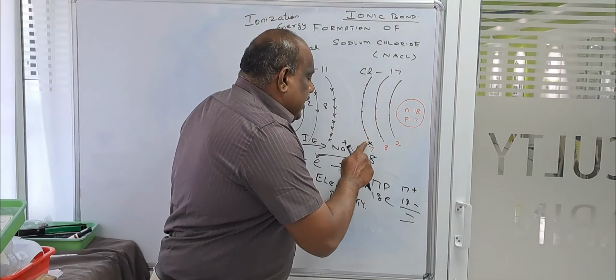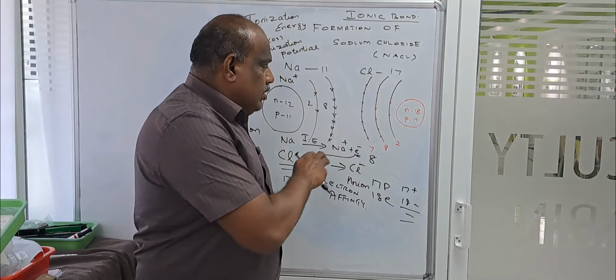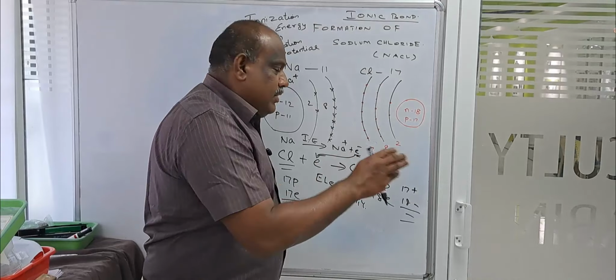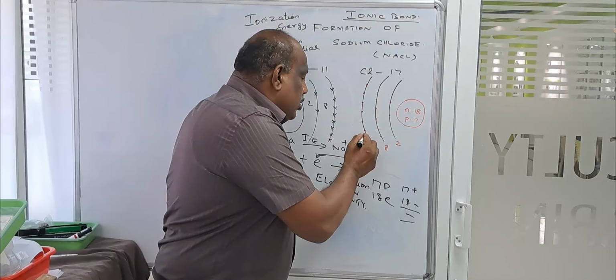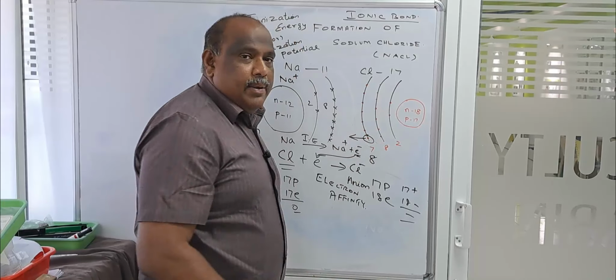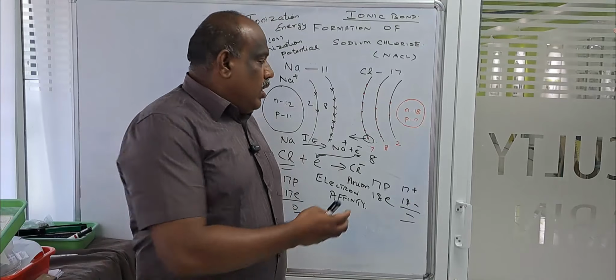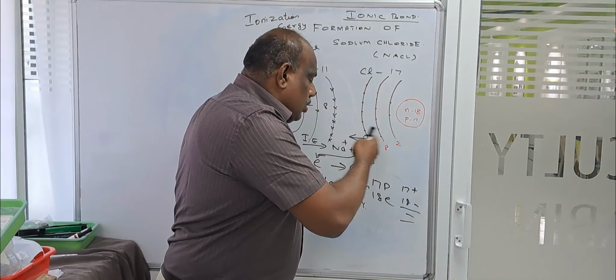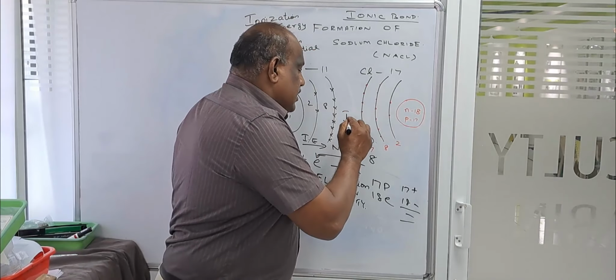Now, students, I will ask a question. Now we have completed, but even then I want to ask a question. Instead of adding one electron to the chlorine atom, I want to remove an electron from the chlorine atom. What is the energy called? Ionization energy.